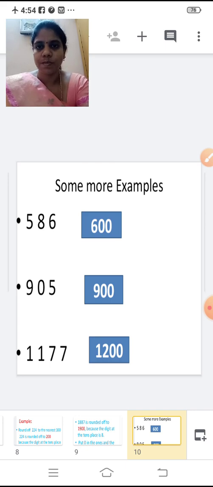586. How to round off this number to the nearest 100? You have to see the digit at the tens place, isn't it? Now what digit are we having in the tens place? 8. So it is greater than 5. If it is 5 or greater than 5, what you have to do? Place zeros at the ones and the tens place.